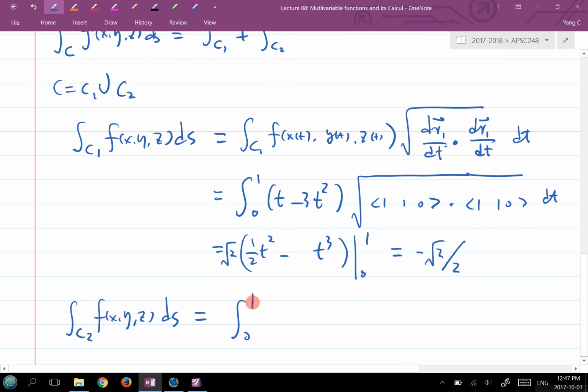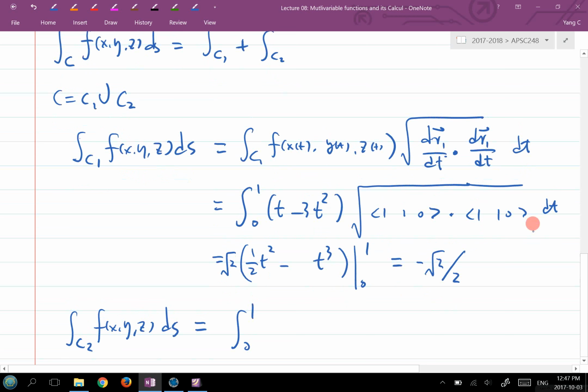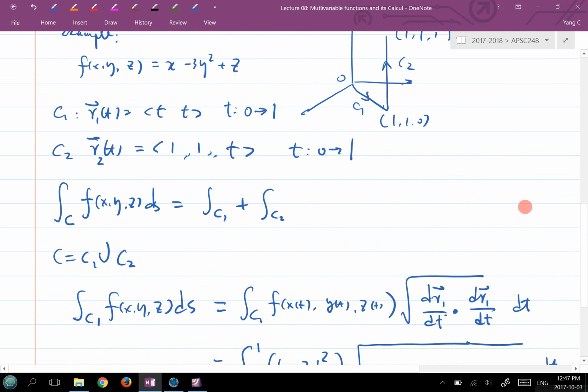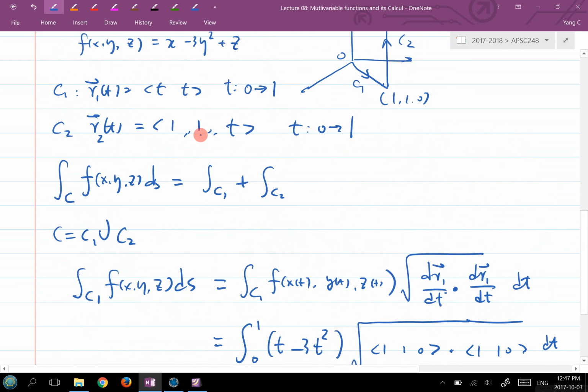Your t also goes from 0 to 1, but in this case, your x of t is 1, y of t is 1, and z of t is t. So replace that into x, y, z, and you get 1 minus 3 plus t.